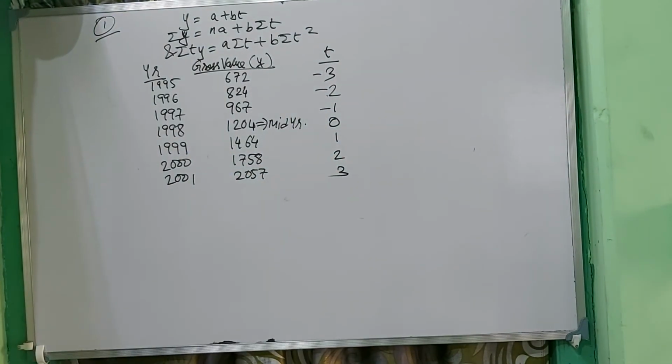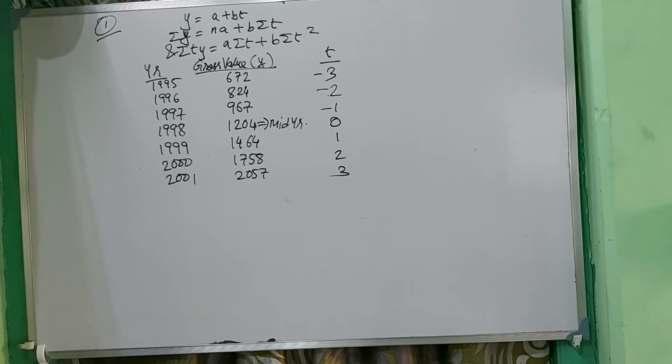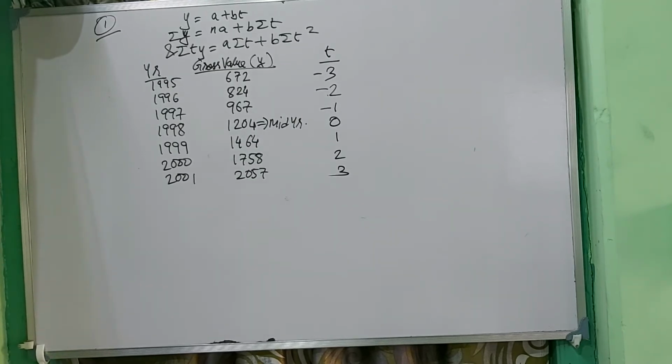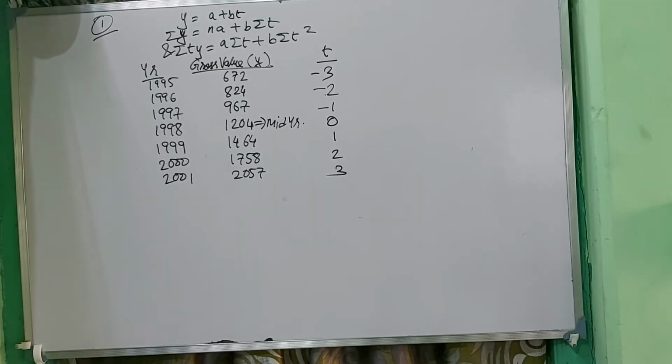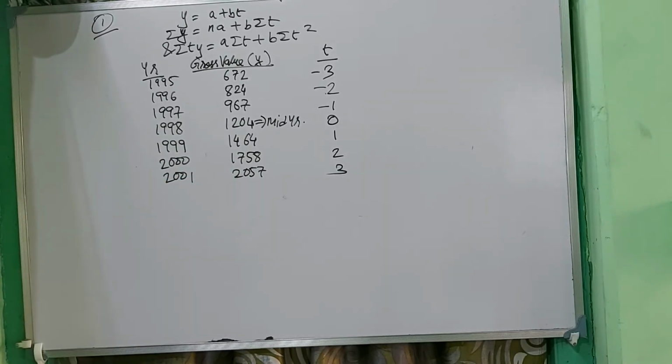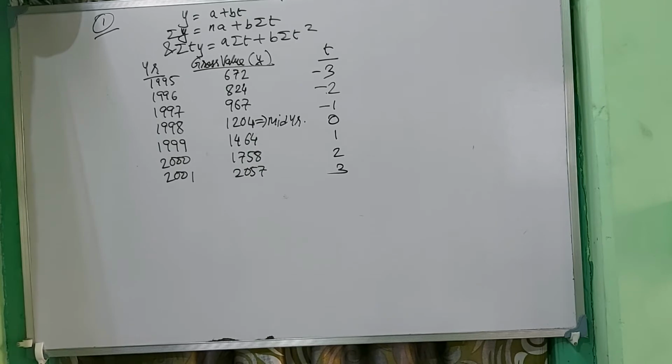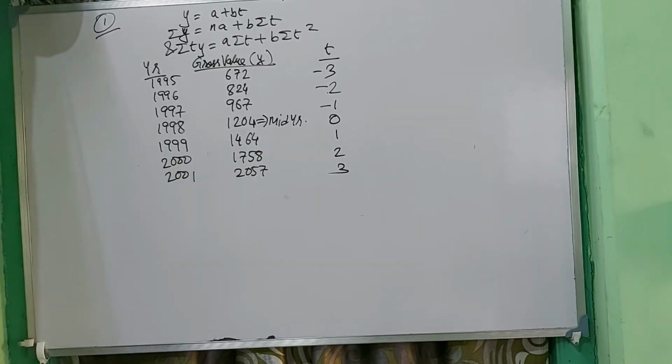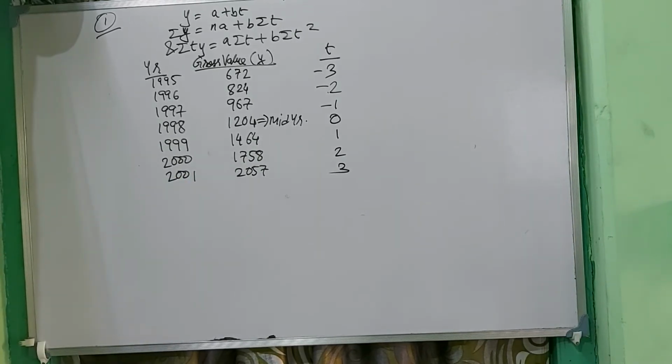Mid year should be considered as 0, and from there you should consider -1, -2, -3 number of years. If it is an odd number of years, this is how we do it; if it is an even number, I will tell you how to do it, but here the sum considers an odd number.